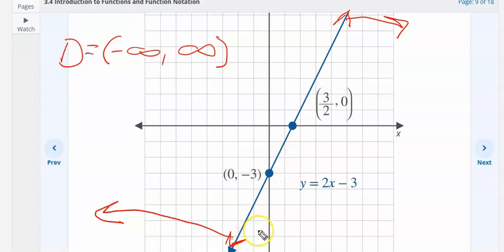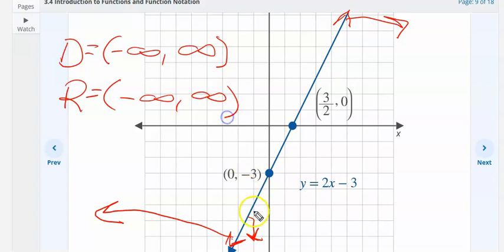And notice it's also, for y values, continuing down. So it's coming up from negative infinity and going to positive infinity in this direction. So anytime you have a line that is positive slope and extends, we'll have this as domain and range. Now let's put in a line that would be, let's say, negative slope.